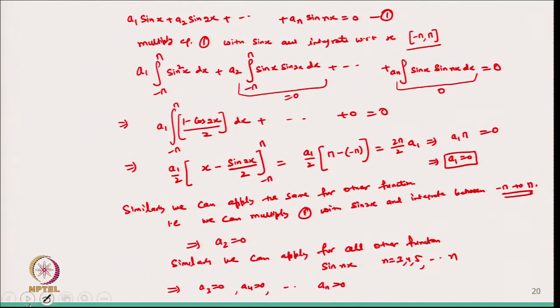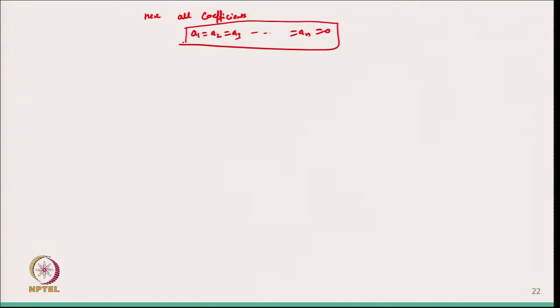So, from here we can check that in this case all coefficients, that is a1, a2, a3, an, are all coming 0, and from here we can see that the set of functions sin x, sin 2x, sin nx is linearly independent.